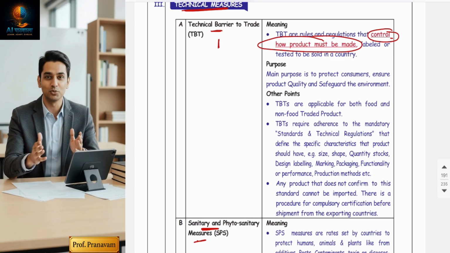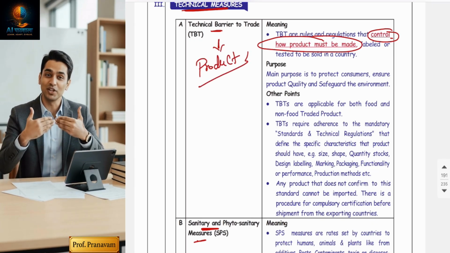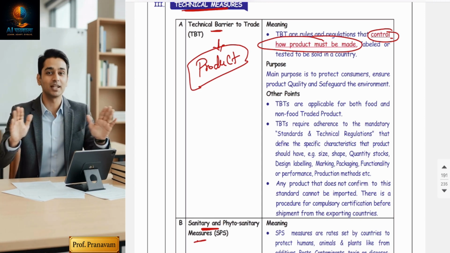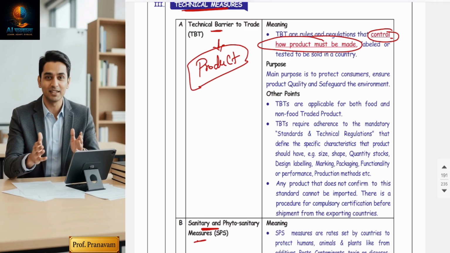It means technical barrier to trade is applied on the product, or I can say the production process, before it can be sold in any country.